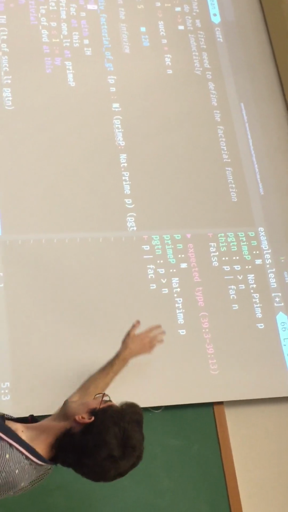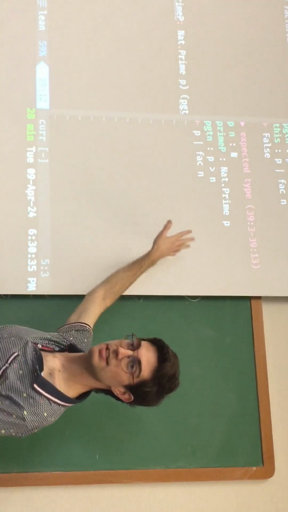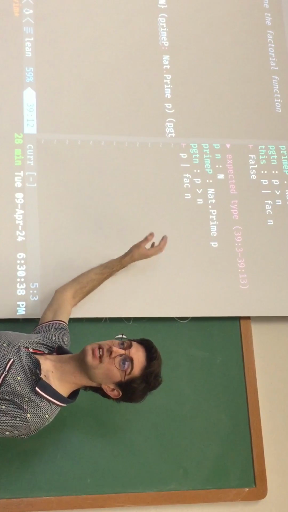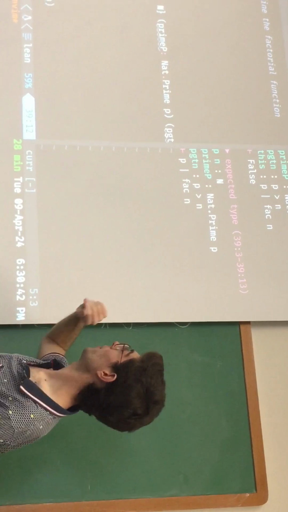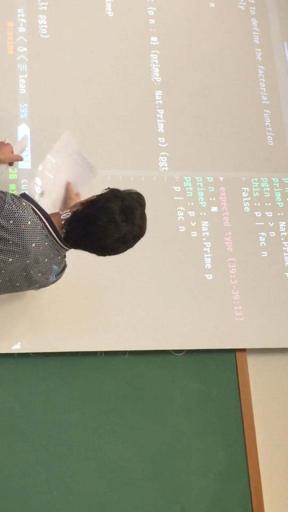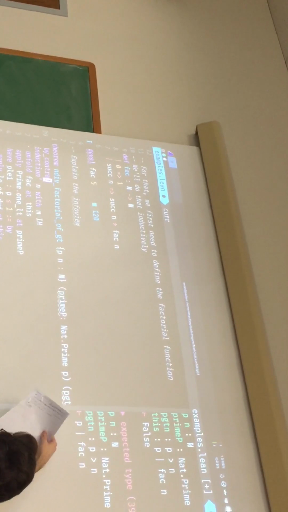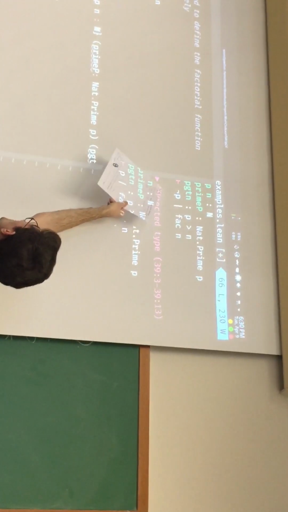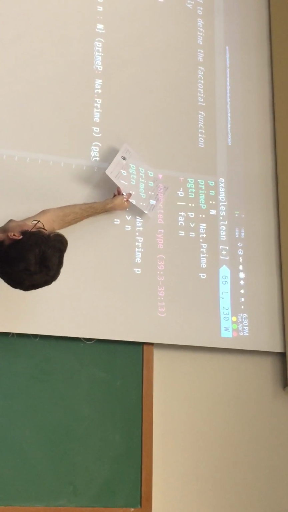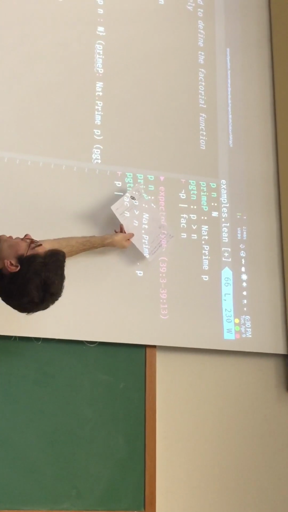This part tells you the current state of your proof. It tells you what are your objects, what are your hypotheses, and what is your goal. Your goal originally was to prove that it's not true that p divides factorial of n.